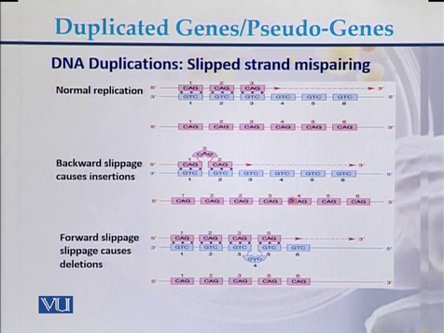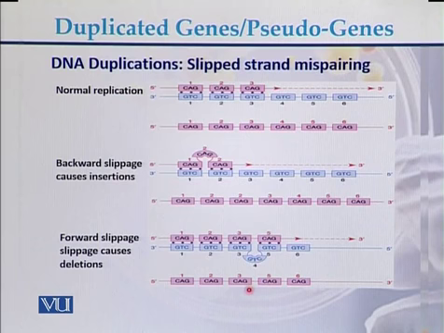In the original sequence it was 1, 2, 3, 4 and 5. Here we can see 1, 2, 3 and 5. So the fourth CAG, this sequence CAG, due to forward slippage that causes deletion, has been deleted from the original sequence.